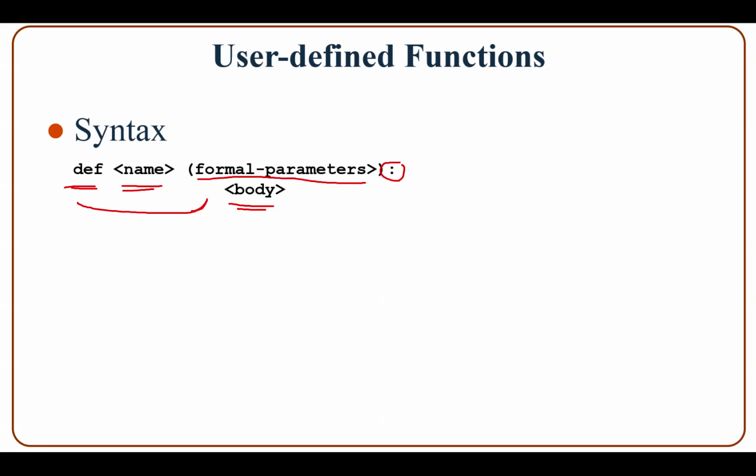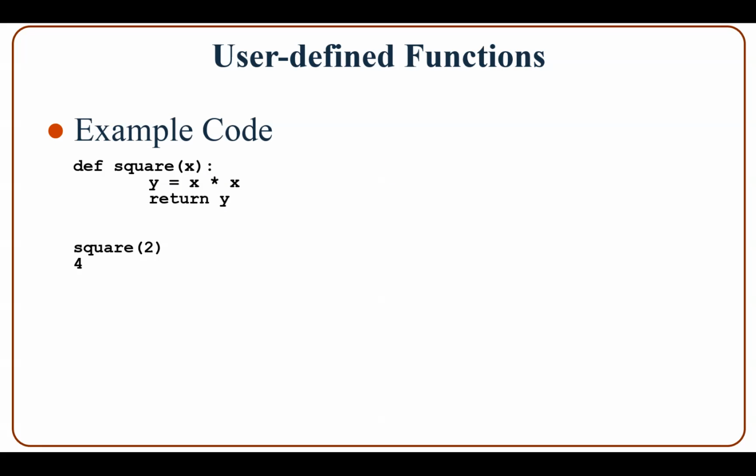Here you define a function, namely square, using the keyword def for define, and there is one parameter x, and also remember the colon, and then go to the next line with some indentation. You store x times x in y and return y. And later on, when you call the function, you call the name of the function and give the parameter to it, and you give it 2.